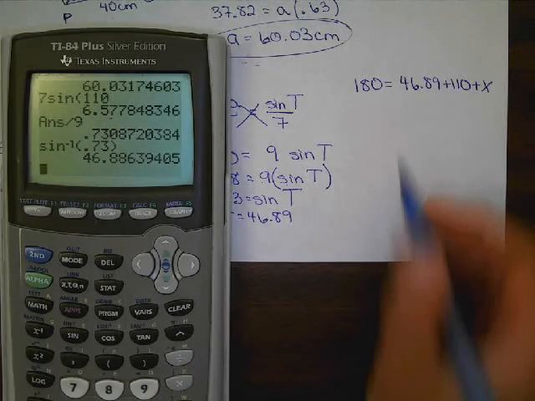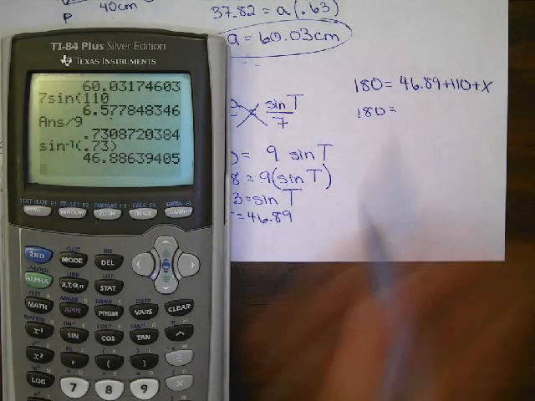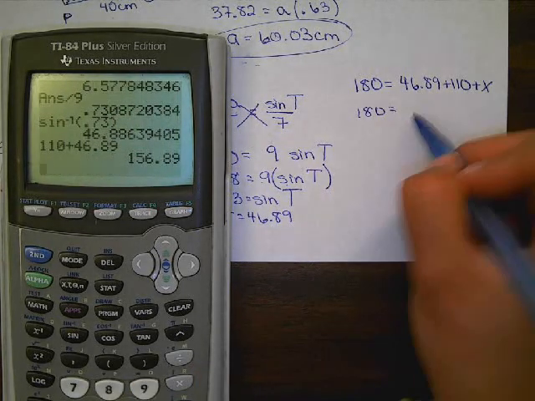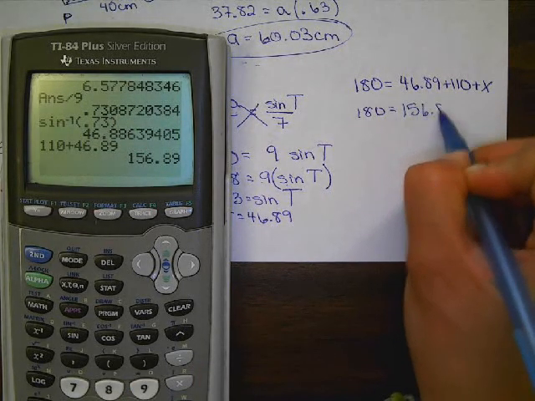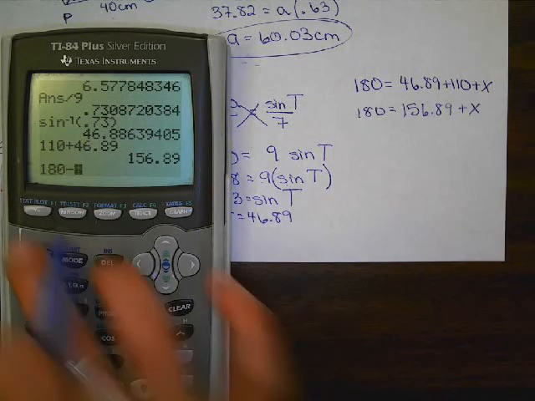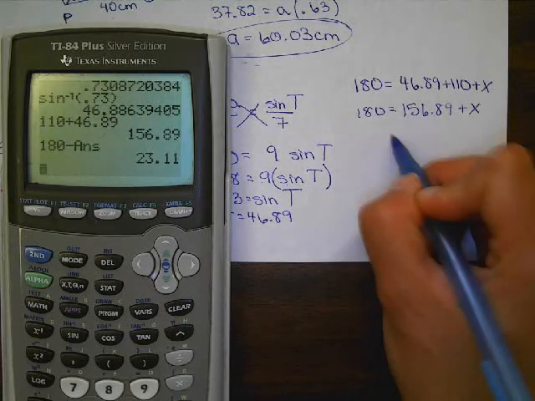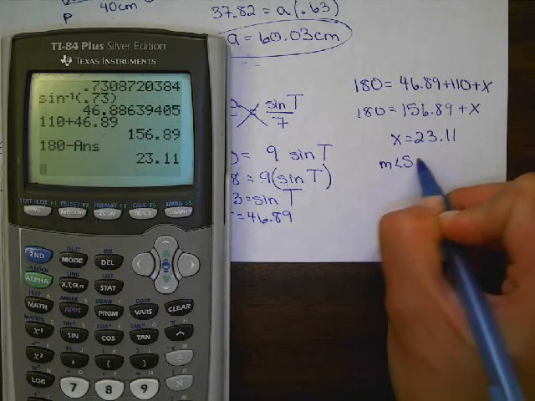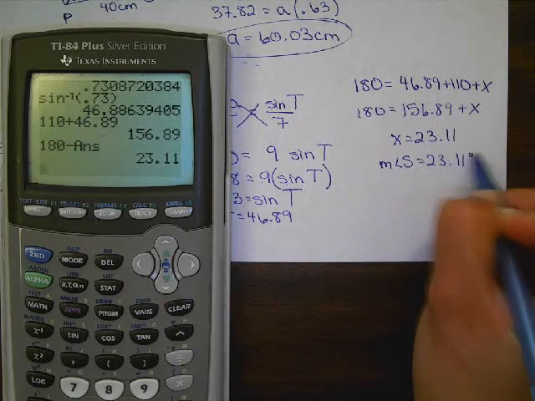And then I combine my like terms, so 180 equals 156.89 plus x. And then I'll subtract that. Gives me 23.11. So we know that the measure of angle S is 23.11 degrees.